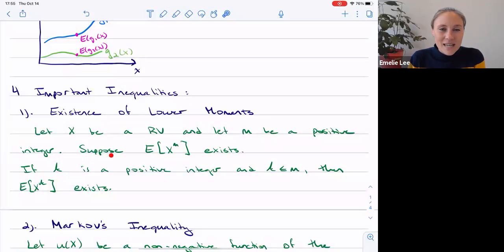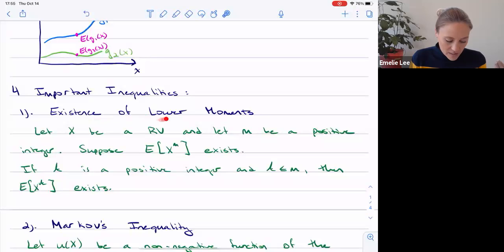Then suppose that the expectation of X to the power of m exists, so that's the mth moment, right? If k is a positive integer where k is less than or equal to m, then what does that mean? It means that the expectation of X to the k exists, right?